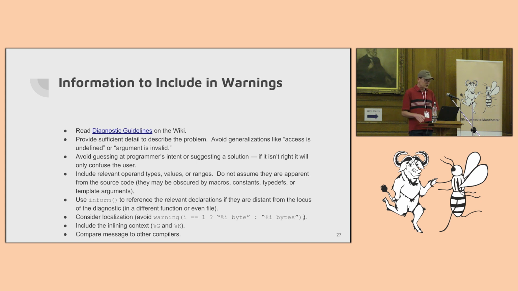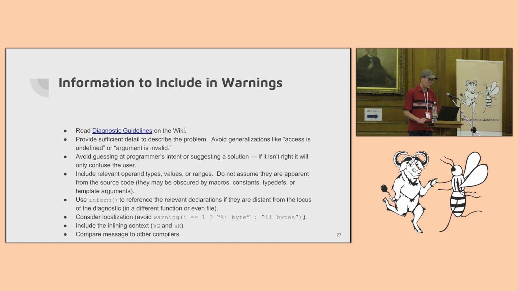Consider localization issues. It's very easy to forget, and I've certainly made my share of mistakes introducing localization problems like byte versus bytes and using a simple ternary expression like this in the warning call, which will be eventually caught by the translators just before a release.